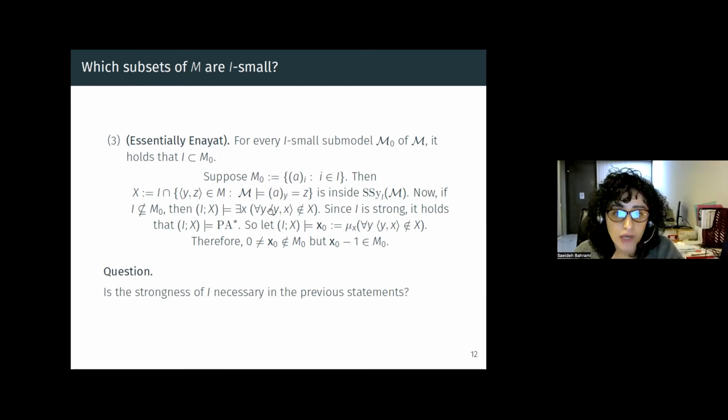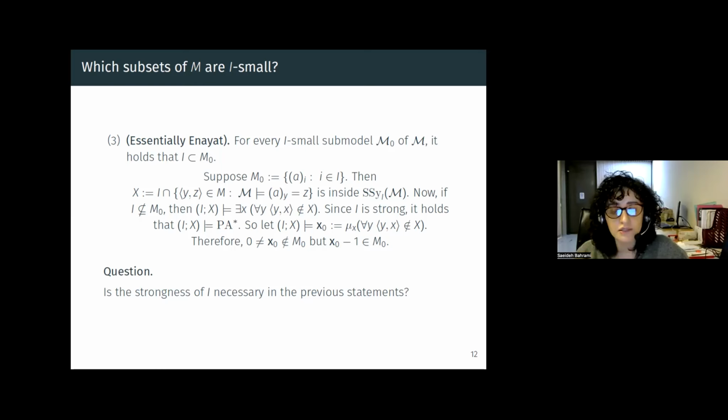And so here we saw that I didn't use the whole power of PA. I just used IΣ1. So for this statement, I doesn't need to be strong.